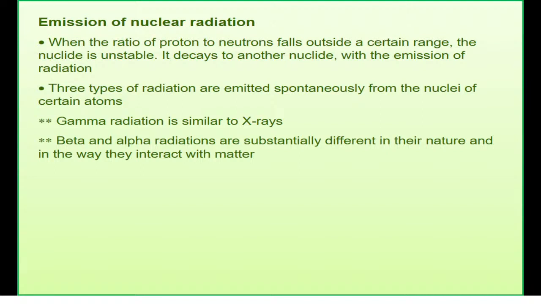Three types of radiation are emitted spontaneously from the nuclei of certain atoms. Gamma radiation is similar to X radiation. It is electromagnetic radiation. Beta and alpha radiations are substantially different in their nature and in the way they interact with matter.